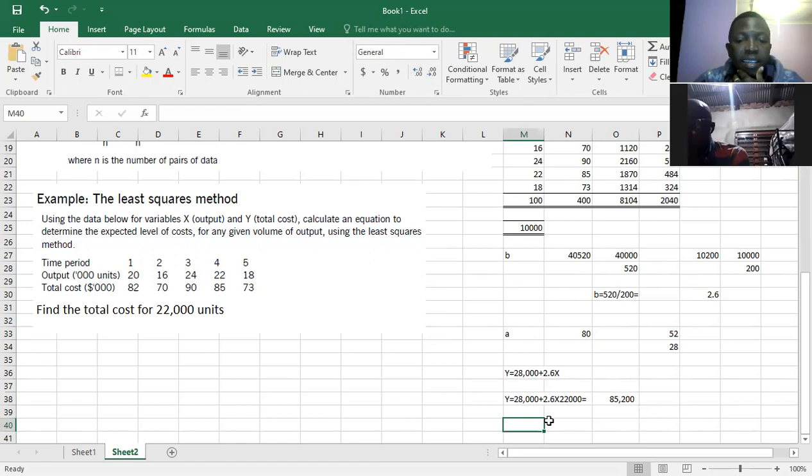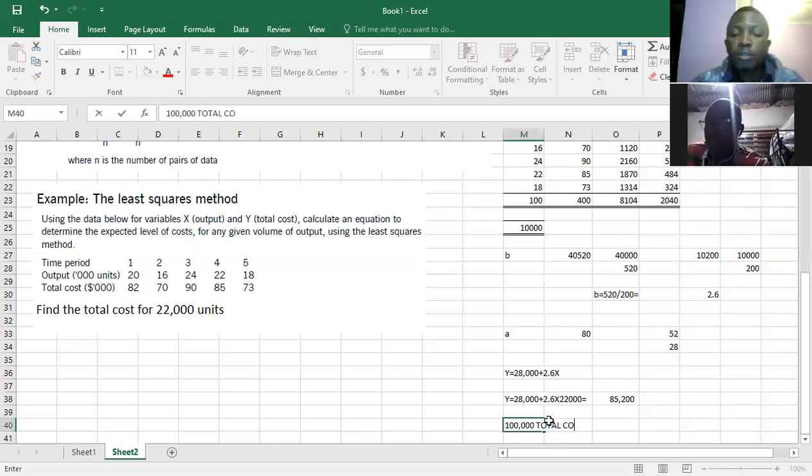So then they can say, find the number of units that were produced if the total cost was 100,000. How many units were produced?